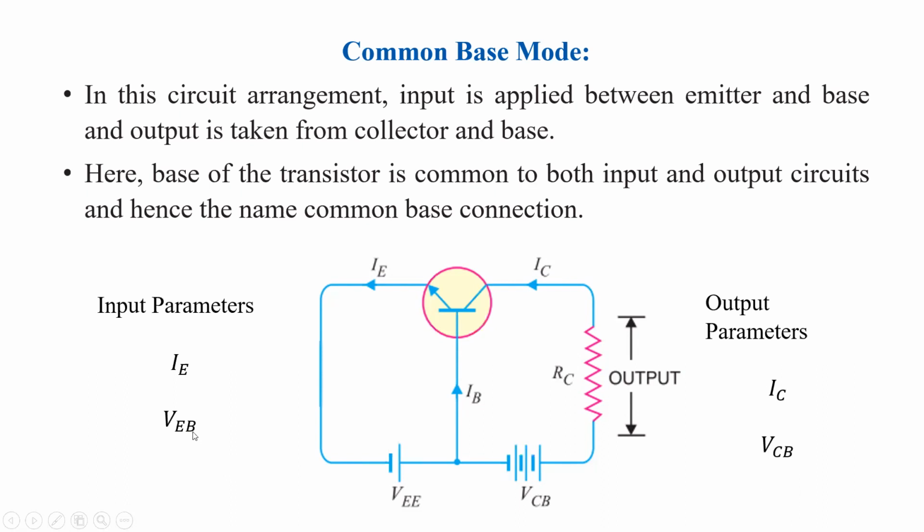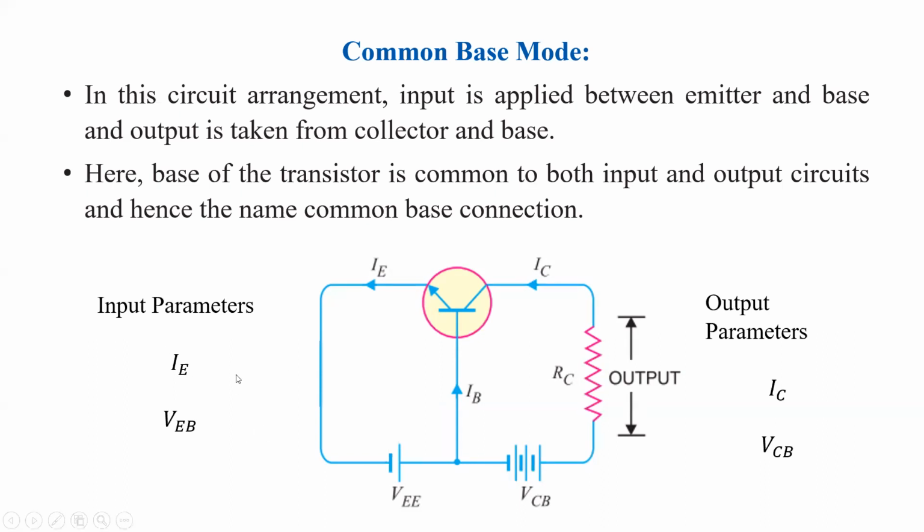Here the letter B comes second, which means it is a common base mode connection. So VEB and VCB are the input voltage and output voltage respectively in common base mode. This is the type of circuit which represents the common base mode connection of the transistor.